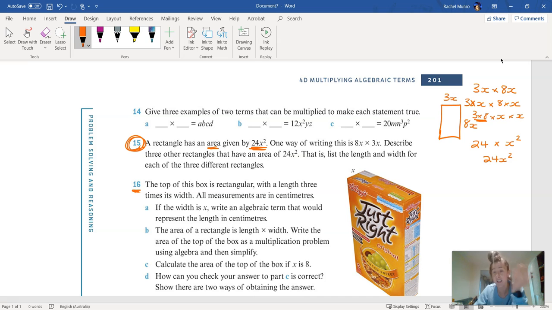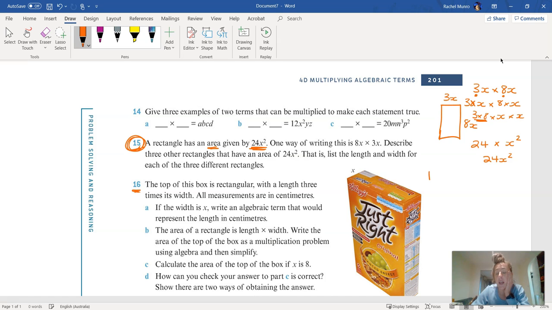So what we need to think about is this is one combination of numbers, of coefficients, that will give us 24. What other combinations will give us 24 in terms of multiplication? All right, so we need to think about the factors of 24. What numbers will multiply to give us 24?